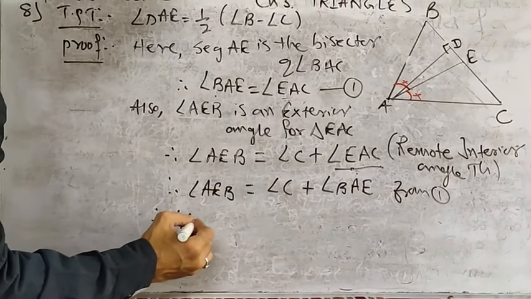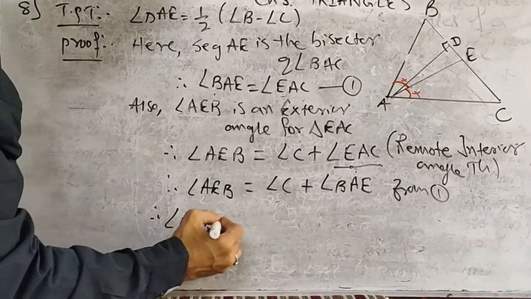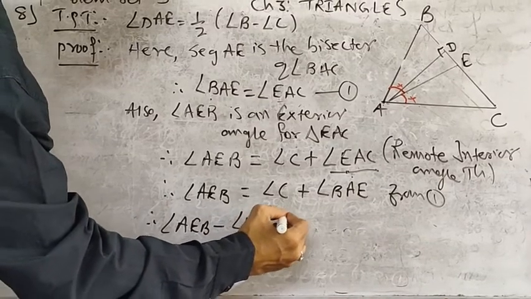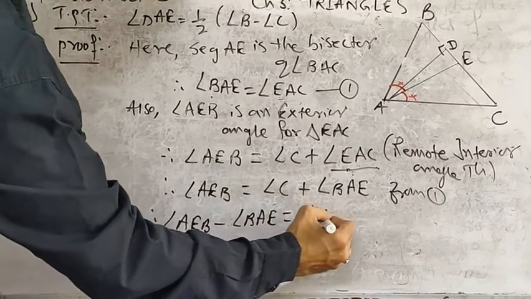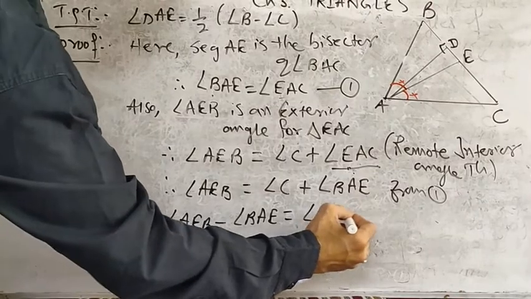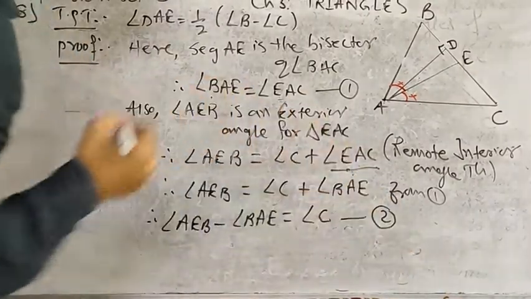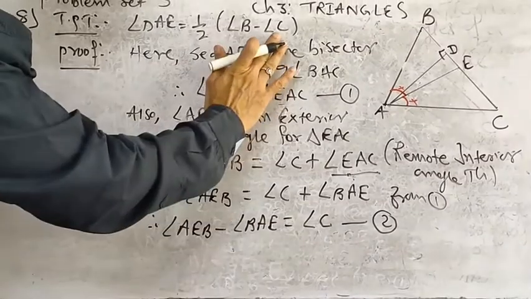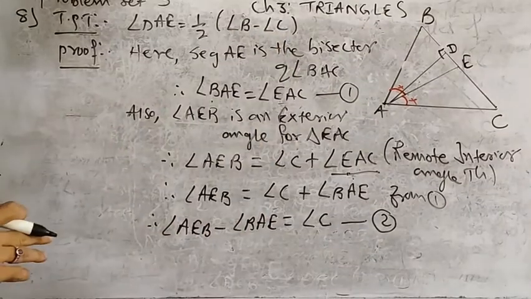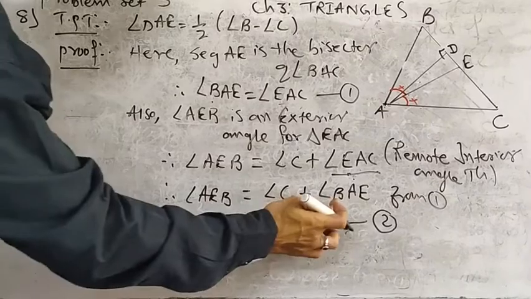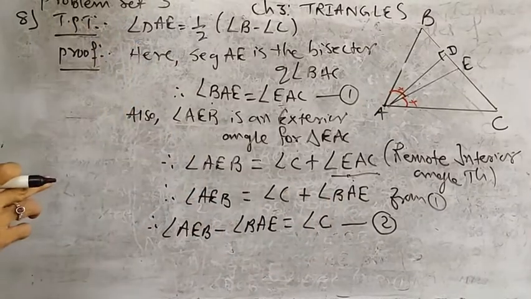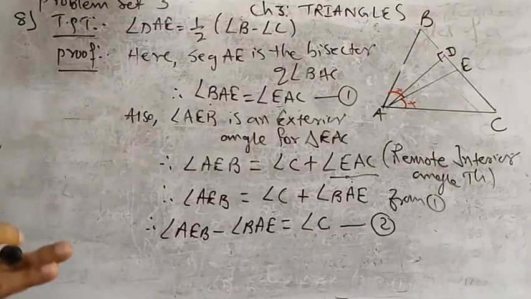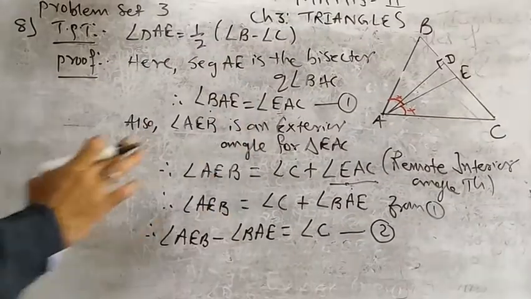So angle AEB minus angle BAE is equal to angle C. Okay, इसको देने का नंबर 2, because this is important step. Okay, C चाहिए ना हमको, this is important step. So this will come here becomes minus, ये पूरा इधर आके माइनस हो गया. Is that clear till here all of you? Copy it down.